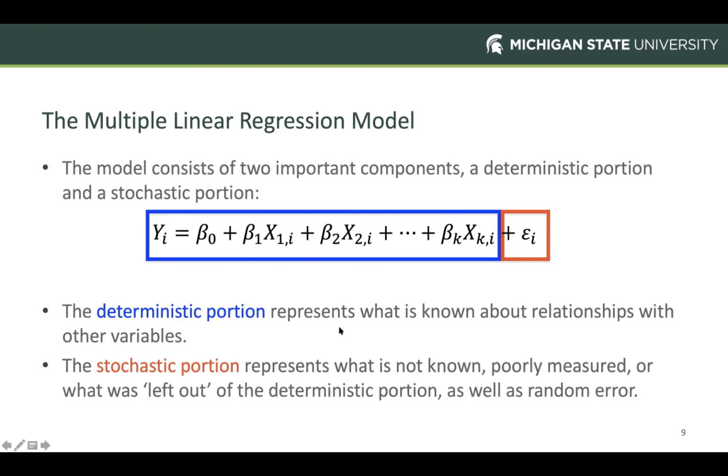And we also have a stochastic or random portion, which represents what we don't know. And so this could include any noise or uncertainty or variability beyond what's represented by this deterministic portion. And that could include measurement error. It could include important variables that were left out of the equation, or just random error in noise ultimately.